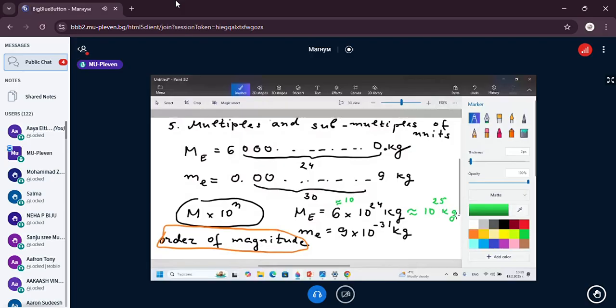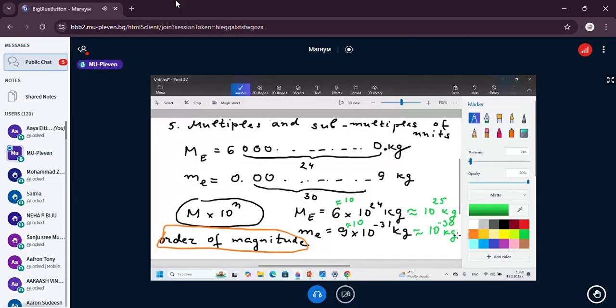What about the mass of the electron? 9, approximately again 10, times 10 power minus 31 is 10 power minus 30 kilograms. So thus, we've got order of magnitude, a useful way to compare quantities and their magnitude.